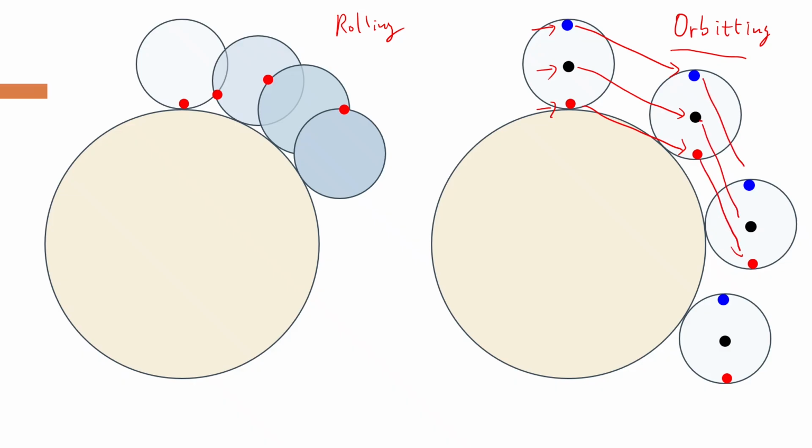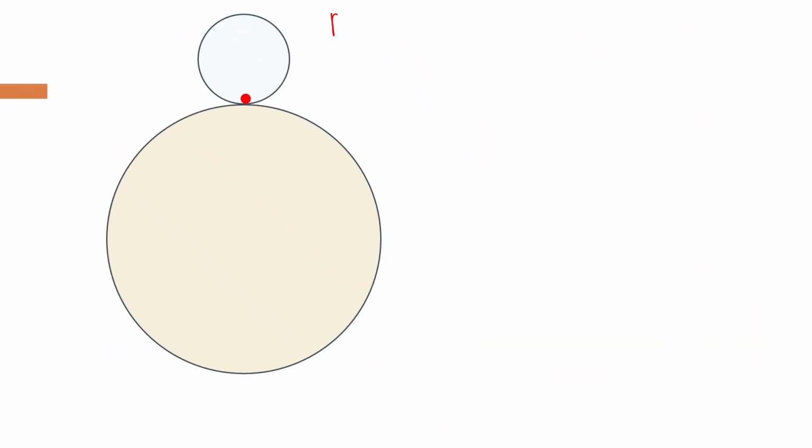This is pure orbiting because the circle itself is not rotating. But for pure rolling, while this outside circle is orbiting, it also self-rotates. So now we understand what pure rolling is. We can safely say that the velocity for pure rolling is a combination of v orbit plus v rotation.